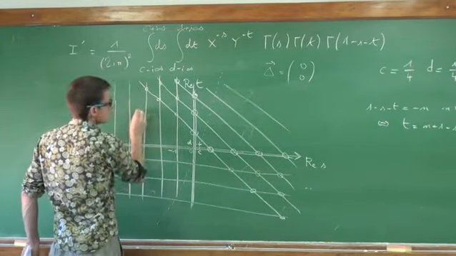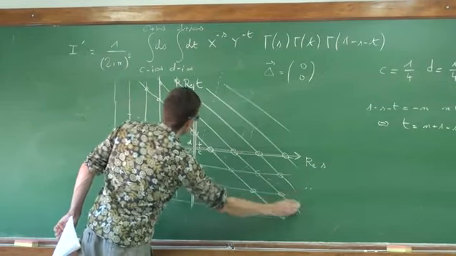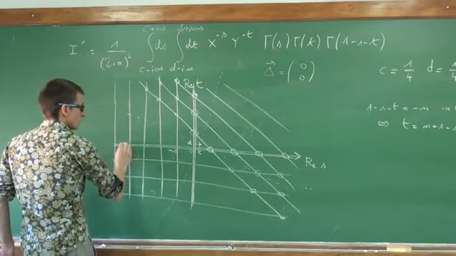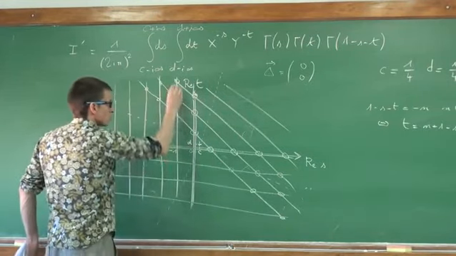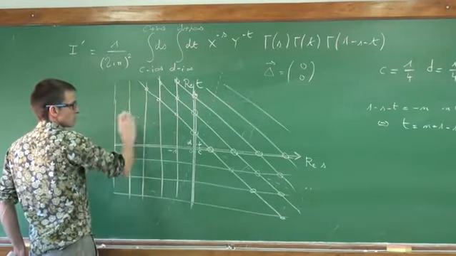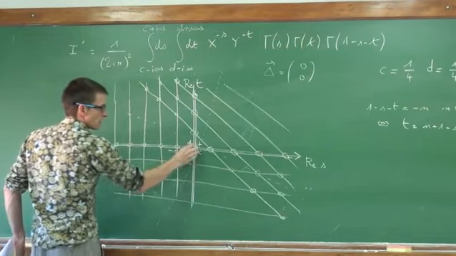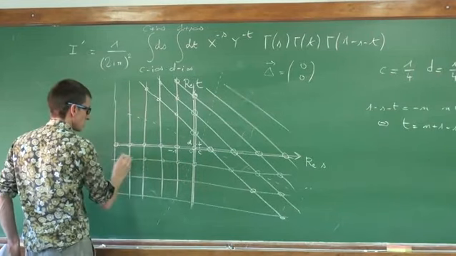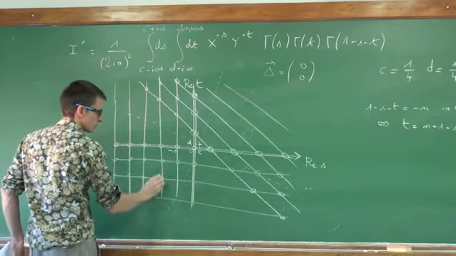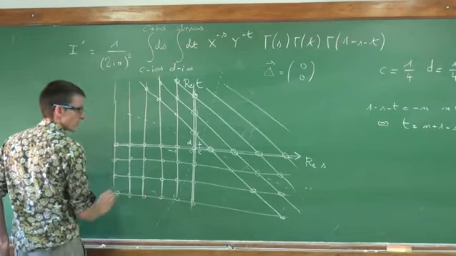For instance, you take this dotted line. You will find that this line is crossing the dotted line here, and all these lines cross to the other side. So this is one set, and so on.